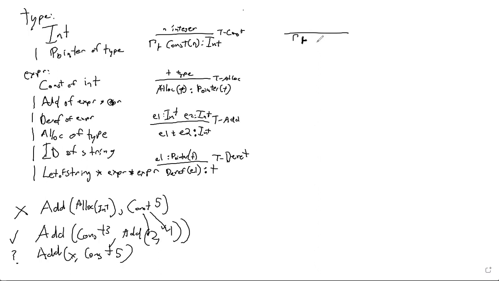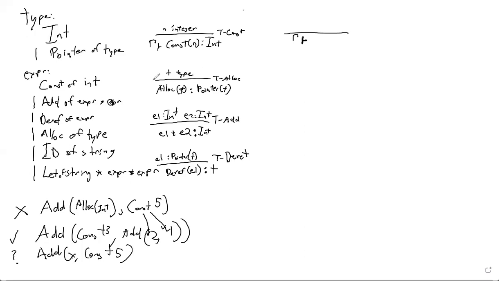So what this means over here is that in any particular environment that we call gamma, it's true that from const n we can conclude that const of some integer is an int.